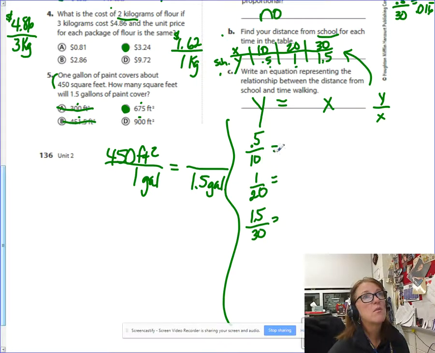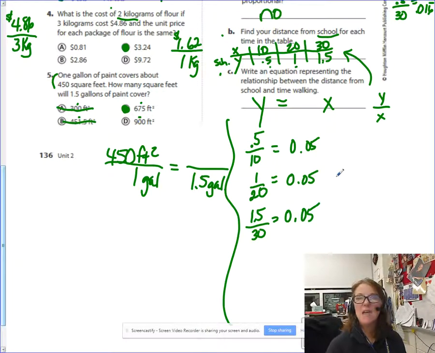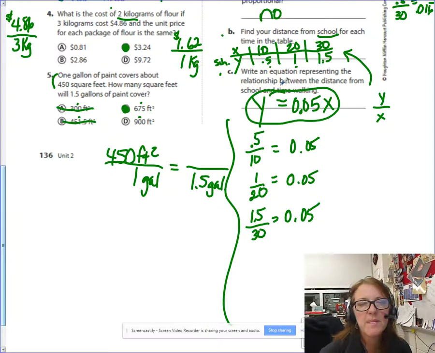What do you get? Use your calculator. You should get the same thing every time. Ta-da! This is proportional. This is your constant that you're going to put in front of x. There's your equation. Whew! That was a tough one.